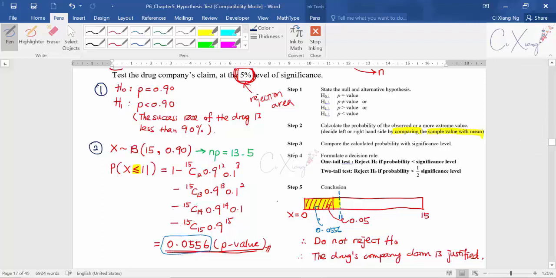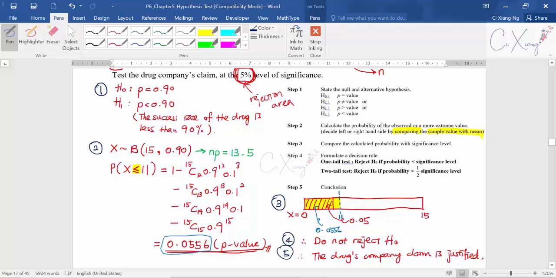The third step is this one: you draw a simple graph and then compare your p-value, which means the area, with the significance level. Then you can make a decision for step number 4. So step number 3 is purely drawing the graph as a diagram to help you. Then steps 4 and 5 are making a decision and also the conclusion.